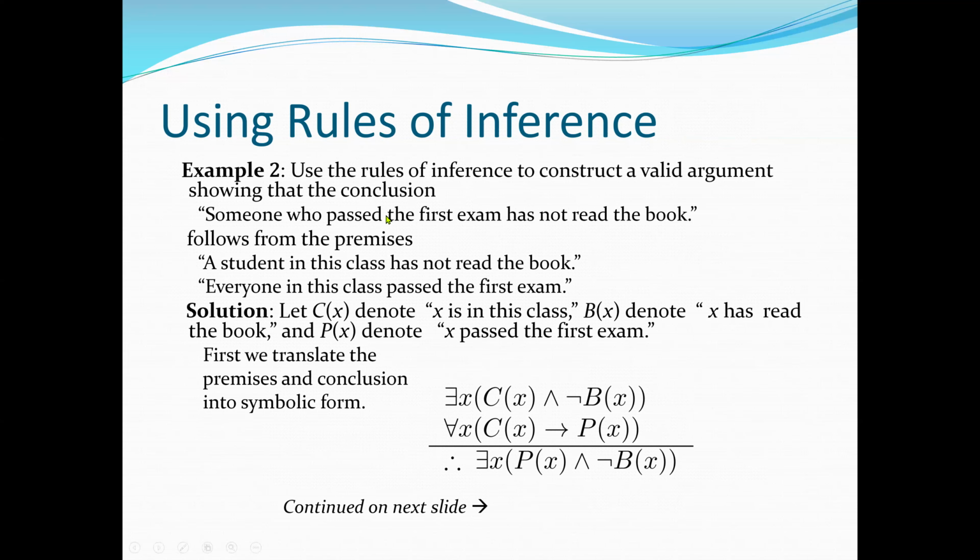So this is a second example using the rules of inference to construct a valid argument showing that the conclusion, someone who passed the first exam has not read the book, follows from the premises.